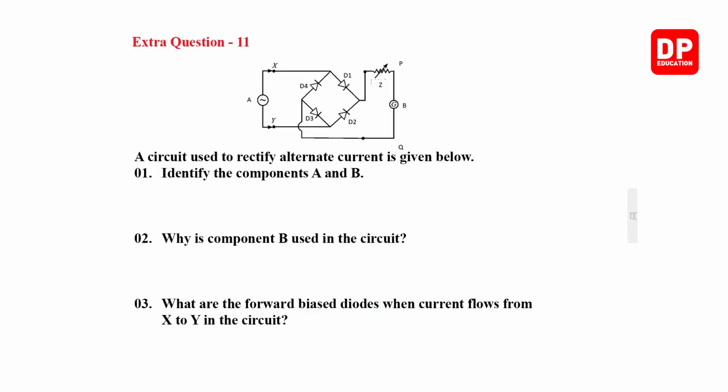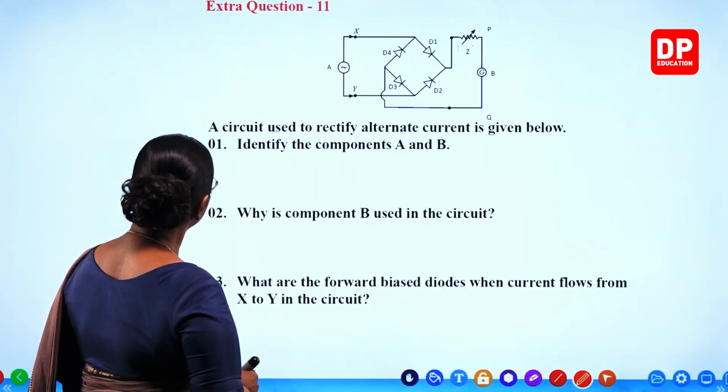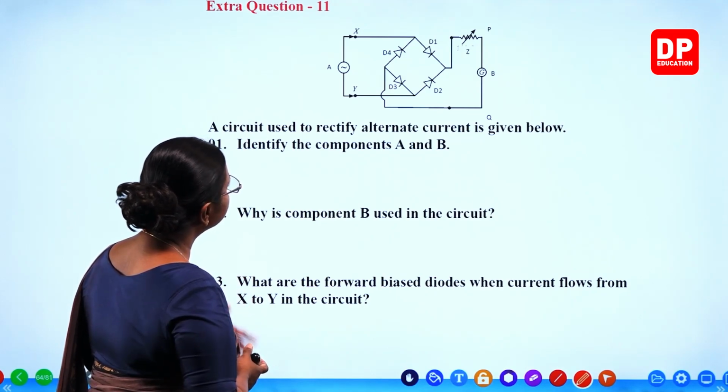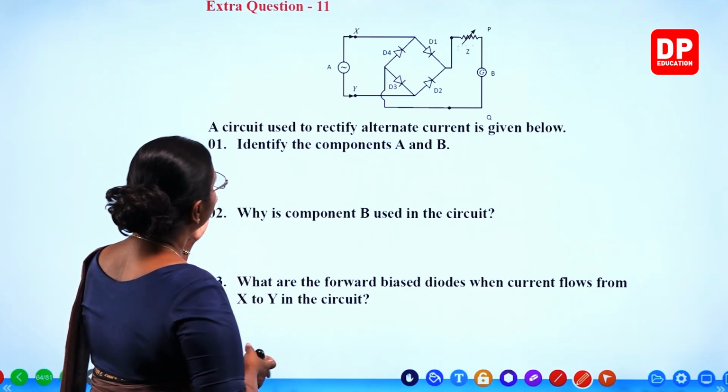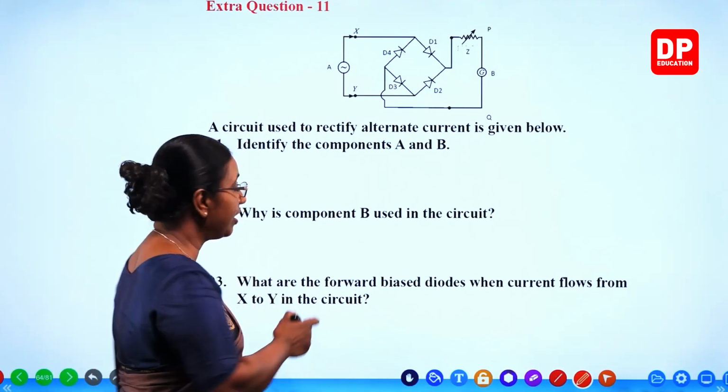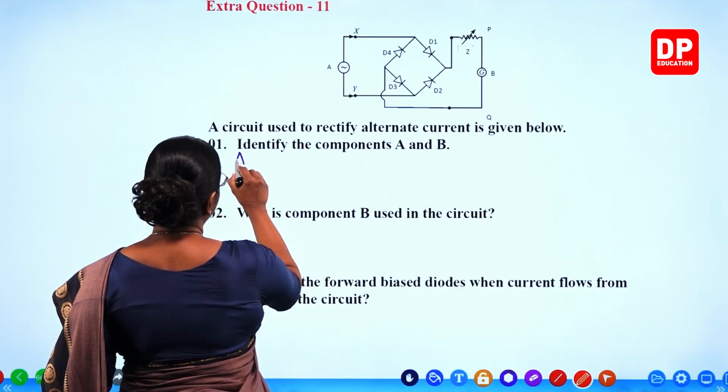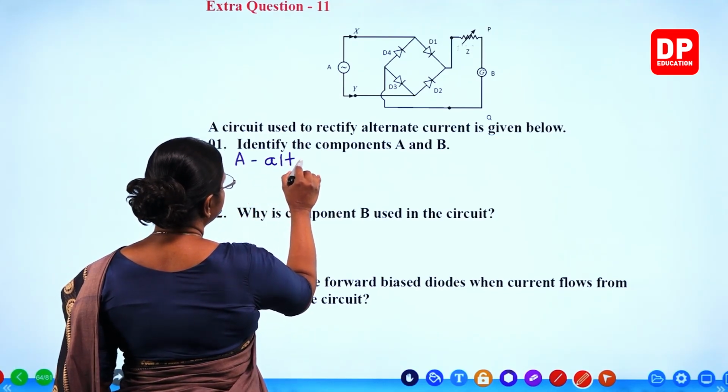A circuit used to rectify alternating current is given below. The first question: identify the components A and B. What is A? Like I told you, it is the alternating current source.